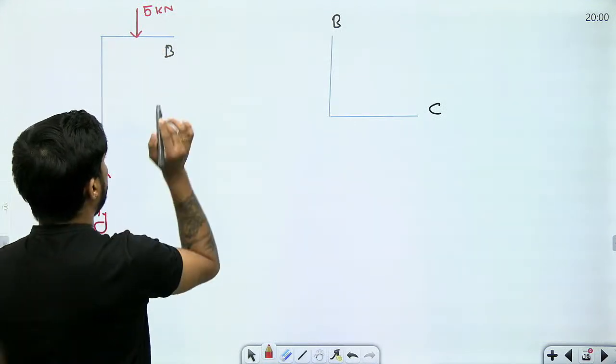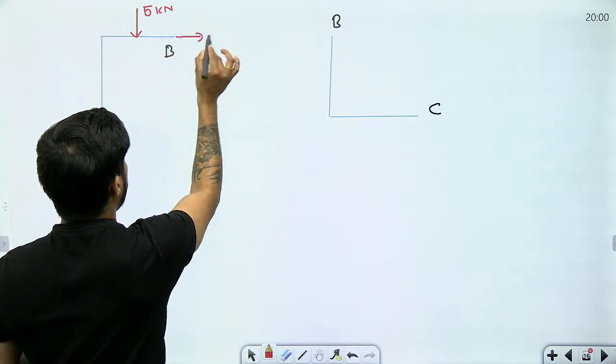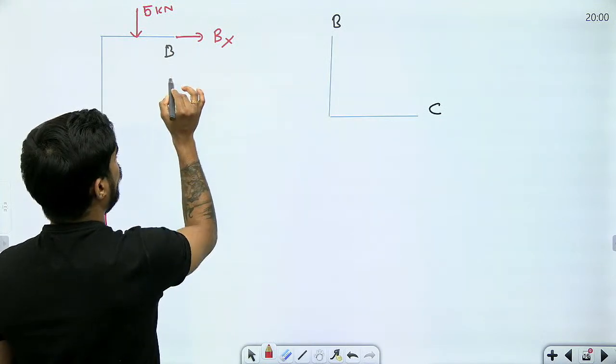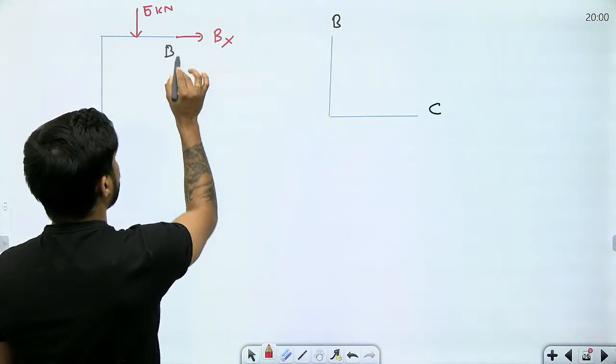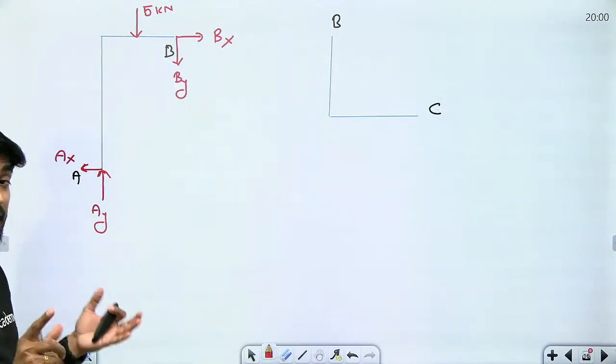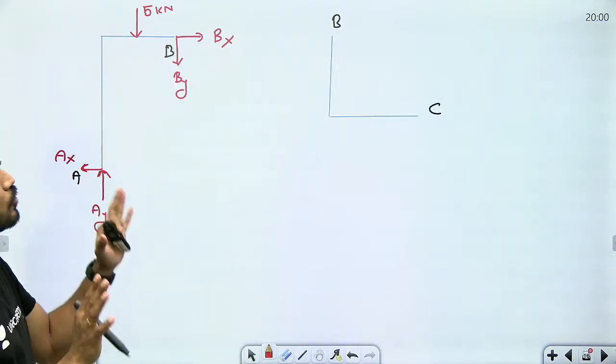Okay, then here I will get one reaction in X, BX, one reaction in Y, BY. Again I don't know the direction, I am just assuming some direction.